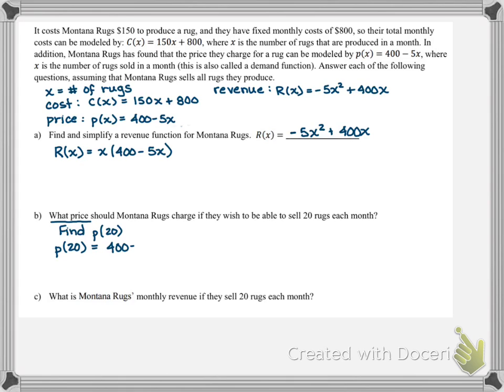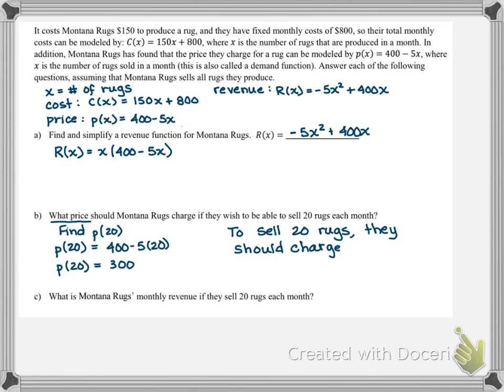So we have 400 minus 5 times 20, which gives me, what, 300? Good. So to sell 20 rugs, they should charge $300 per rug.